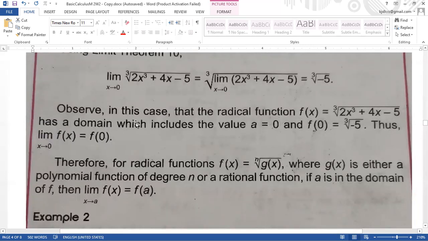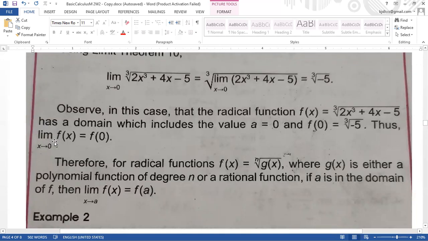So observe in this case that the radical function f of x, the cube root of 2x cubed plus 4x minus 5, has a domain which includes the value of a, which is 0, and f of 0 is equal to the cube root of negative 5.